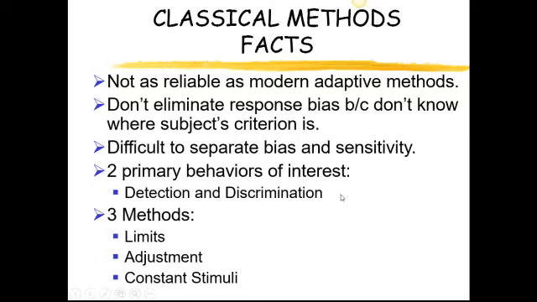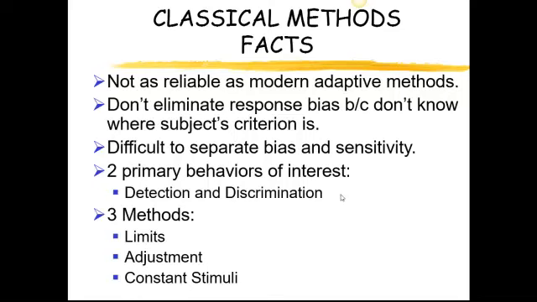We're not quite sure what the subject is using. Also, it's difficult to separate bias and sensitivity. So what are they using as their response bias, and then what is their true sensitivity to? So all of these things come into play as we're examining these different methods for establishing threshold.